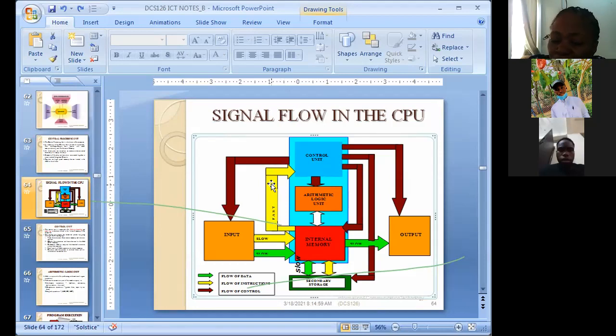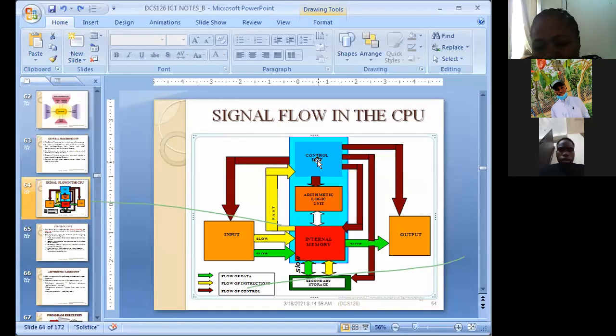This signal that goes up here would have reported that I have received some inputs and it is stored inside the memory. The address where it is stored is so and so. If it is stored in an address block or instruction block with address, maybe 100 or 20, it will report all of that to the control unit.